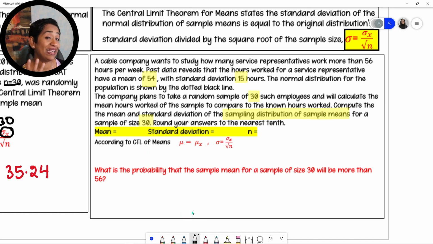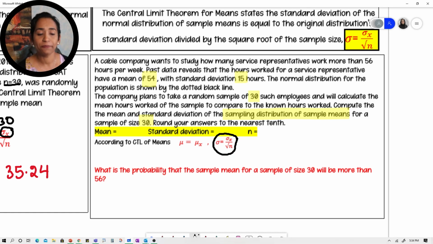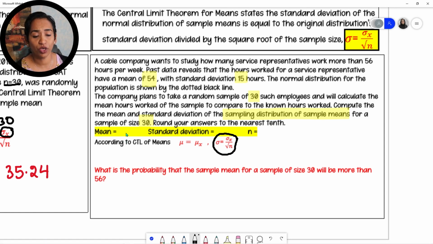Again, it's a sampling distribution, and we know that the mean of the sampling distribution is the same as the mean of the original distribution, and the standard deviation of the sampling distribution is equal to the standard deviation of the distribution divided by the square root of n. So let's start with what we have. The mean is 54.